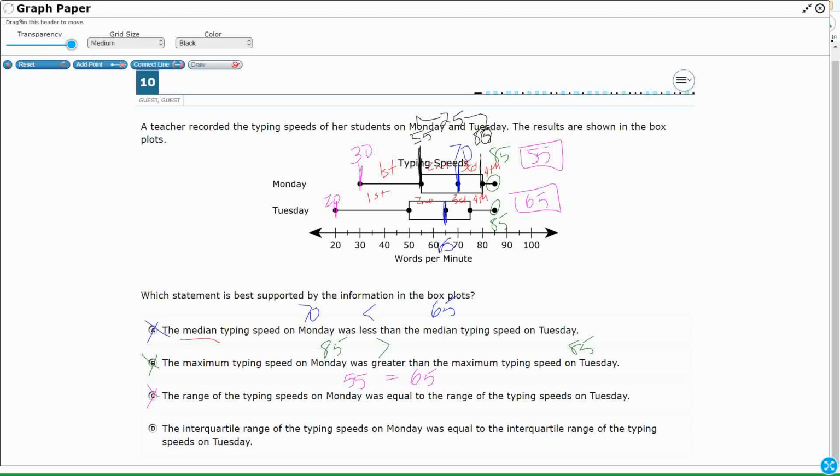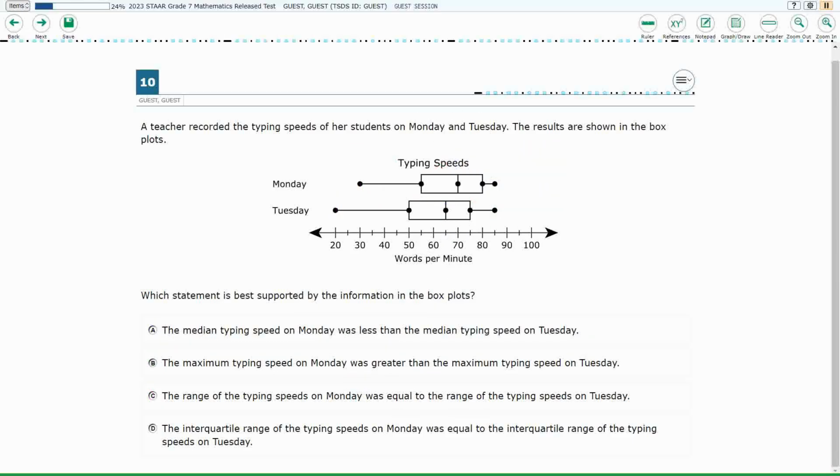So that's the interquartile range. So let's see, we've got a 50 right here, and then we've got a 75 right here. So 75 minus 50, that's also 25. And it says that the interquartile range of the typing speeds on Monday is equal to the interquartile range of the typing speeds on Tuesday, equal to 25. So our answer here is D.